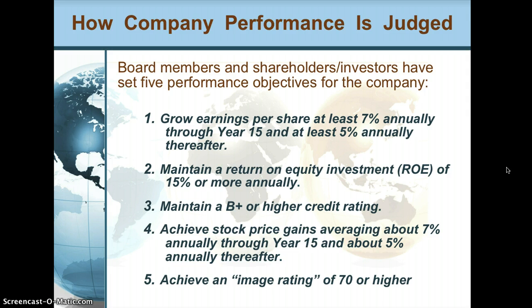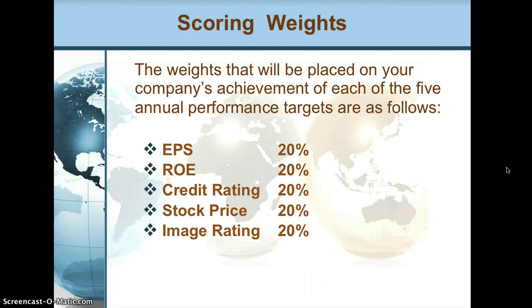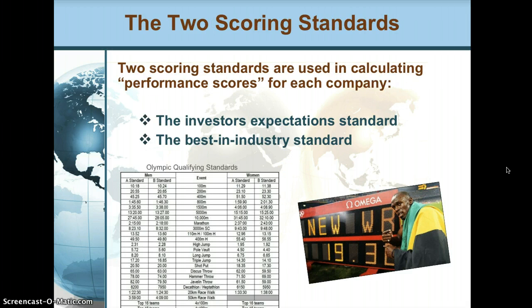Note, a company's image rating is tied to the styling and quality of a company's branded footwear, market share penetration, and its actions to display corporate citizenship and social responsibility. So you want to try and hit all 5 of these targets in order to have your performance judged well. The weight of those factors are all equal, each carrying about 25% or a fifth of the rating.